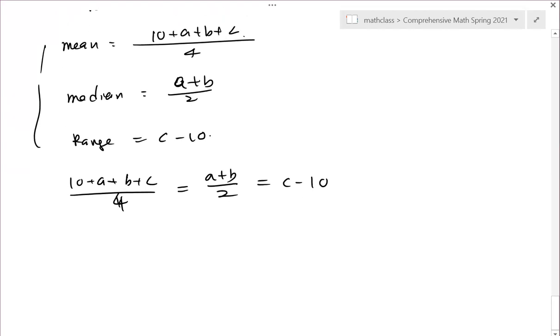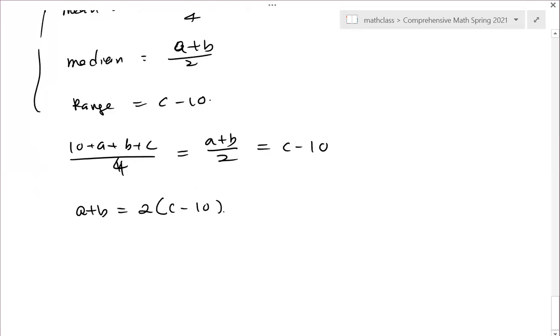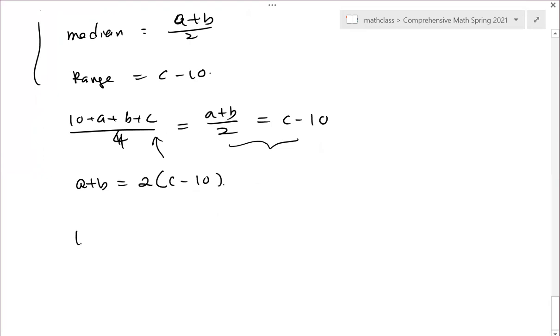So you can always replace A plus B by this, then put it into this equation. You will get 10 plus 2C minus 20 plus C, divided by 4, equal to C minus 10.